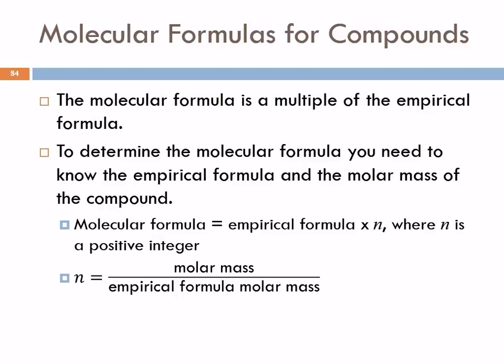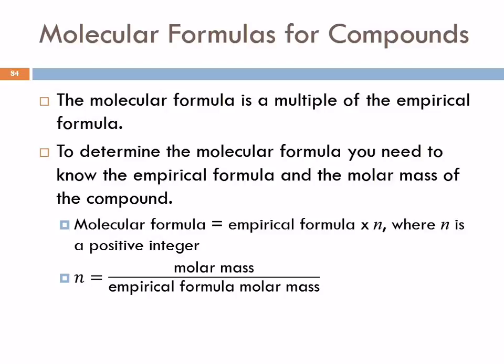So in solving these problems, the molar mass will be given to you. It's not something you have to calculate. The other thing you need is the empirical formula. On a nice, easy question, they'll give you the empirical formula, they'll give you the molar mass, and ask you to find the molecular formula.